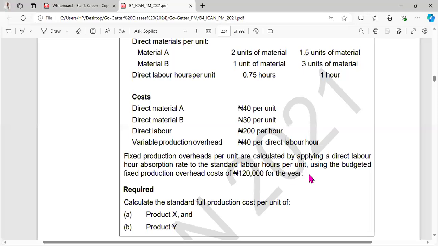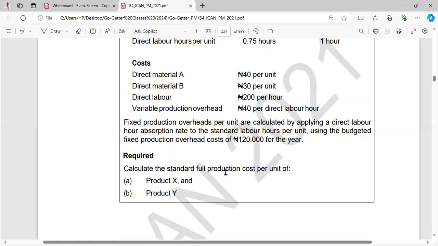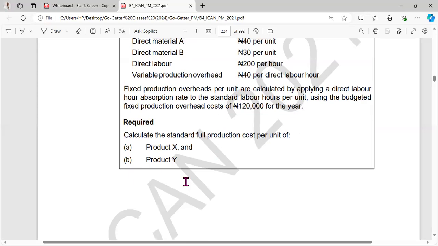So this is 10,000 naira per month; do it for 1 year, this is 120. That's fine. We are required to calculate the standard full production cost per unit of X and Y.